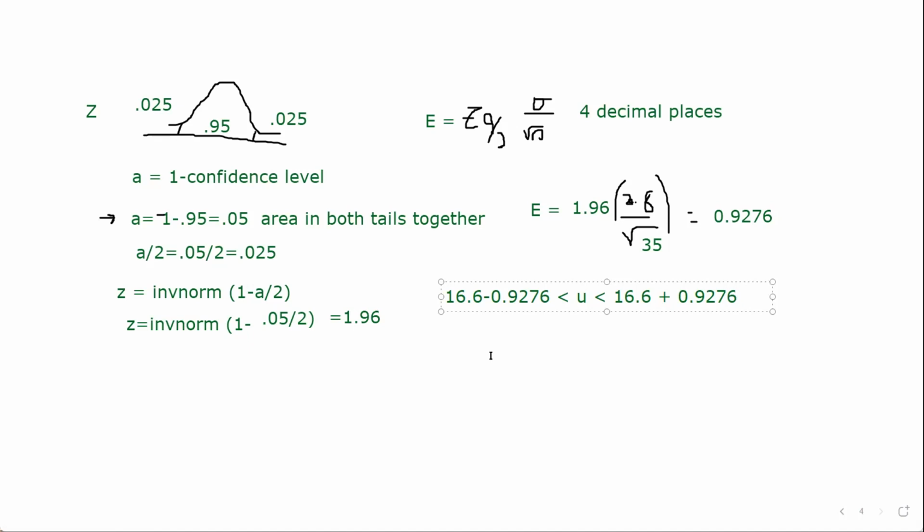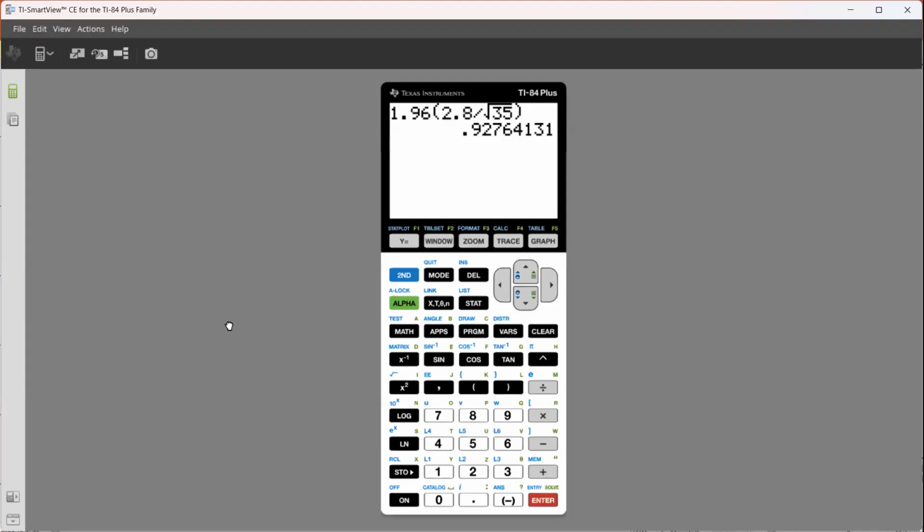No? Okay, so now it should just be a matter of doing the arithmetic. Let's go back to our calculator, because in this class, your calculator is your friend, for sure. So 16.6 minus 0.9276, you get 15.0724. I'll show you a little trick that might be worth knowing.